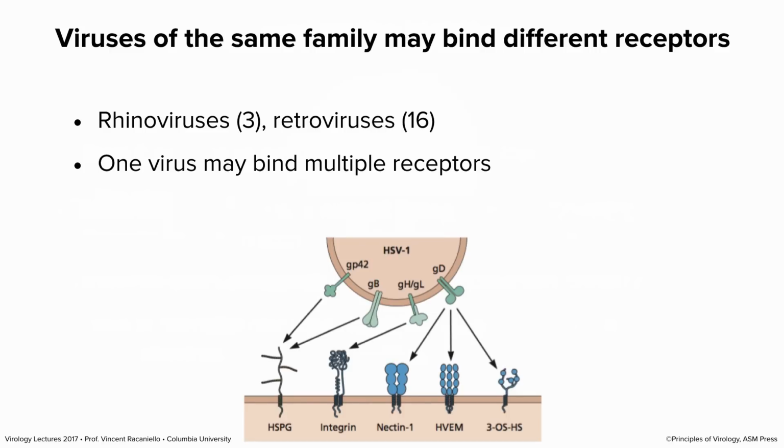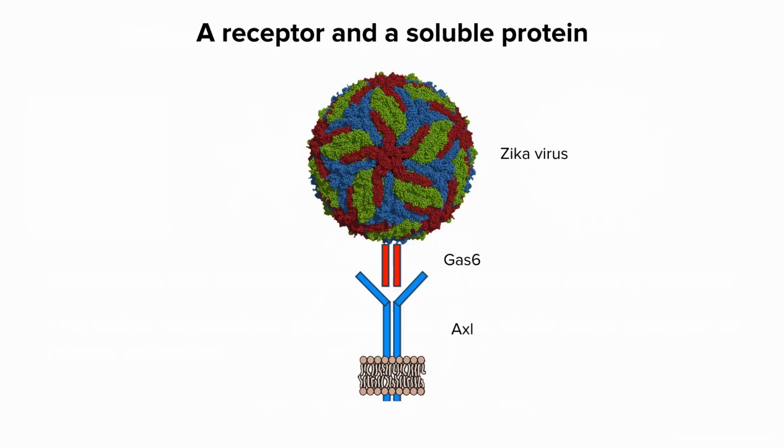But Zika virus, the receptor I showed you earlier, this combination of Gas6 and AXL seems to be important in certain cells like astrocytes and glial cells in the brain, but not neurons. Neurons seem to be independent. Entry of Zika into neurons seems to be independent of AXL. So you can't assume that it's one receptor in all tissues.